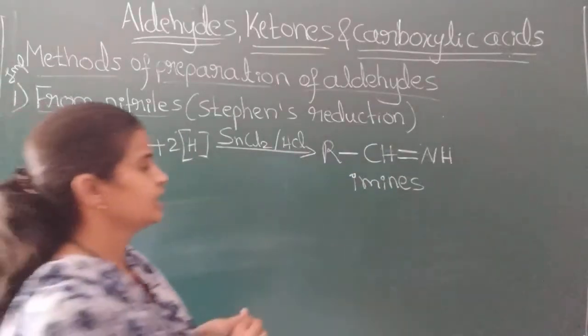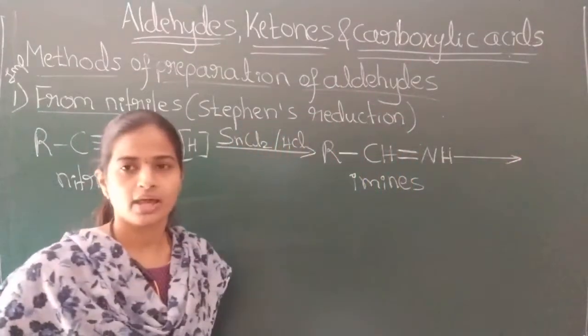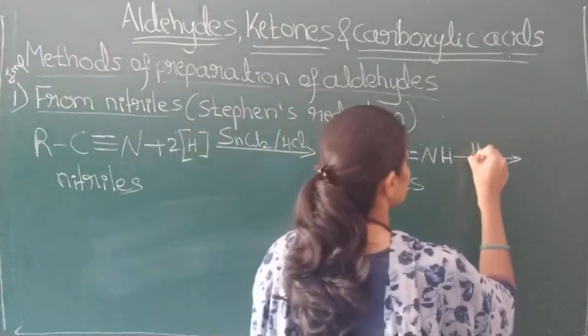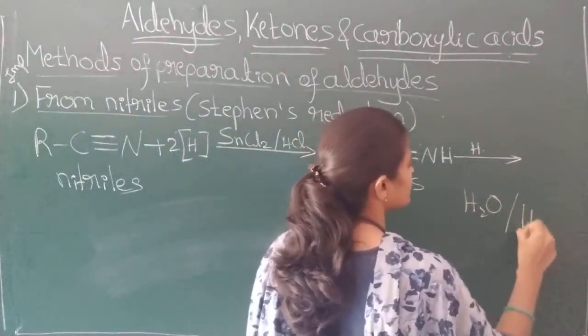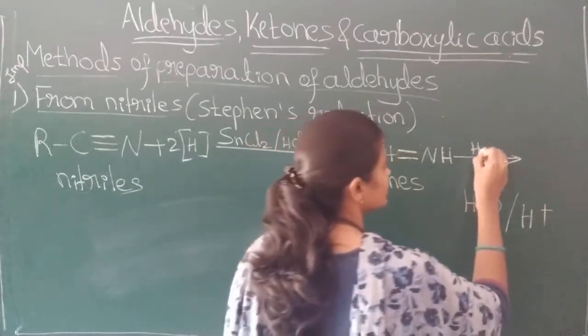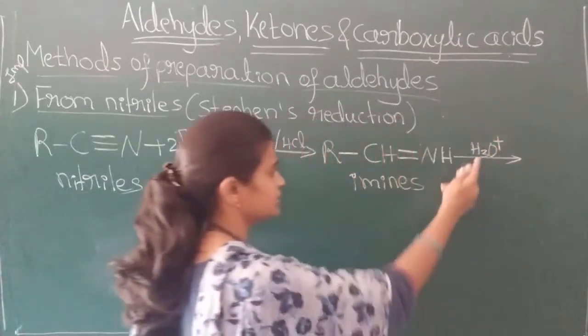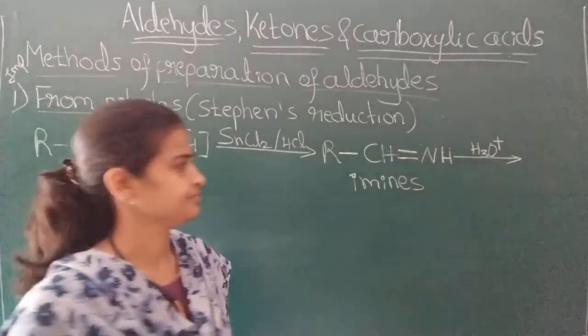Next, acid hydrolysis, in the presence of acid, we can write as H2O/H+ or directly H3O+, the hydronium ion. If I write it like this also, it indicates acid hydrolysis.